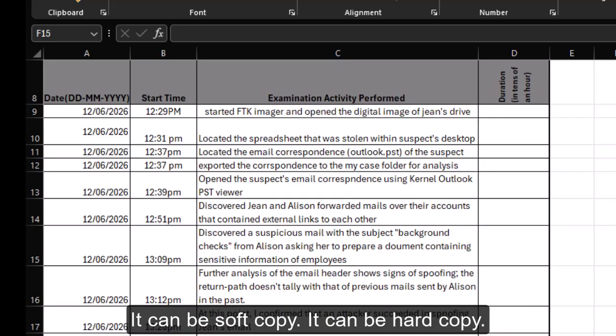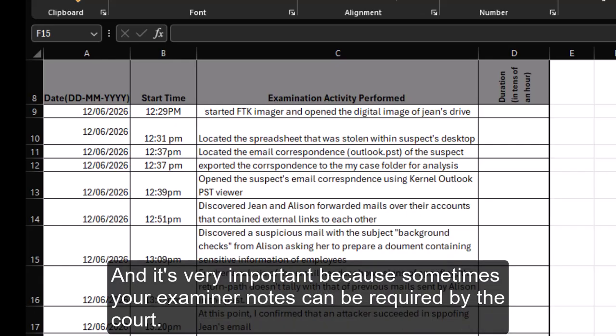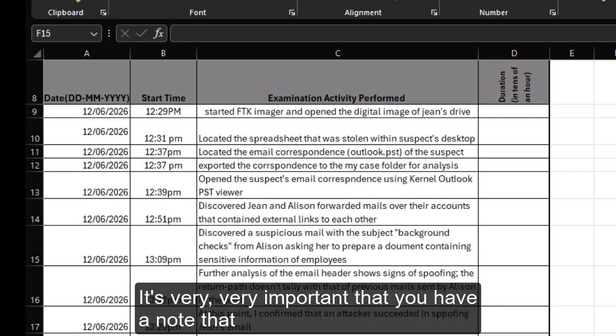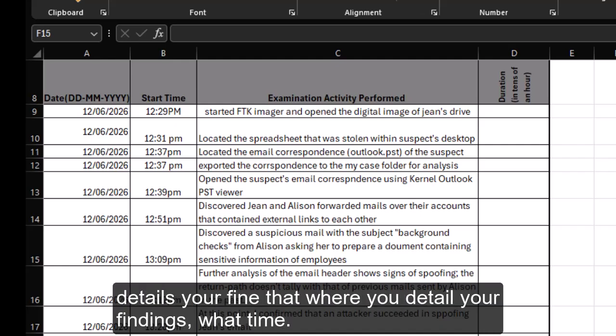It can be soft copy, it can be hard copy. And it's very important because sometimes your examiner notes can be required by the court. It's very, very important that you have a note where you detail your findings, what time.